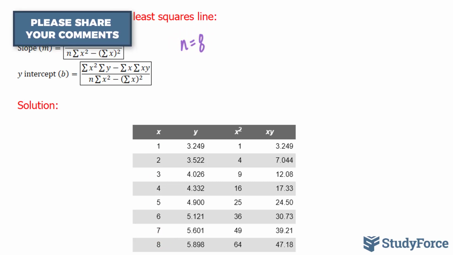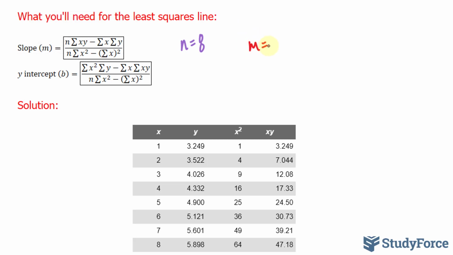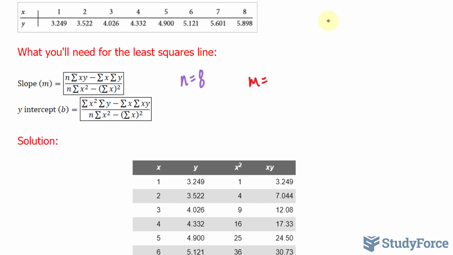Let's substitute these values. The slope is equal to, and by the way, we are creating a straight line, so all straight lines have the template y is equal to mx plus b. All straight lines can be shown in this way, where m represents the slope, b represents the y-intercept.